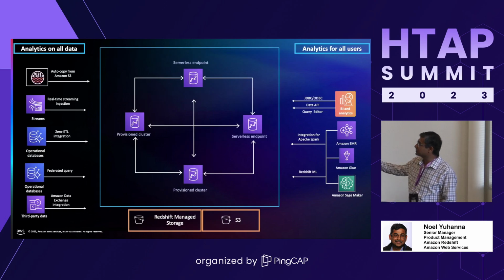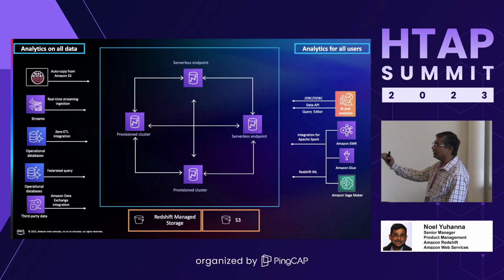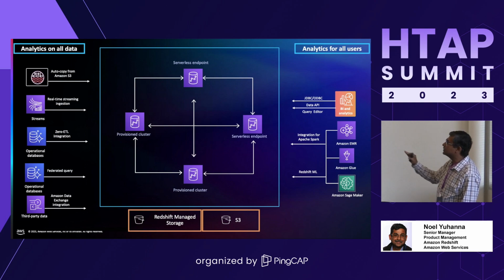This is an architectural diagram of how Redshift works. On the left, you see all the different kinds of data that you bring into the data warehouse. And data warehouses don't have to be a monolithic structure. You can share data across multiple data warehouses in real time. In the middle is the data sharing architecture, where multiple clusters share the same data in real time.